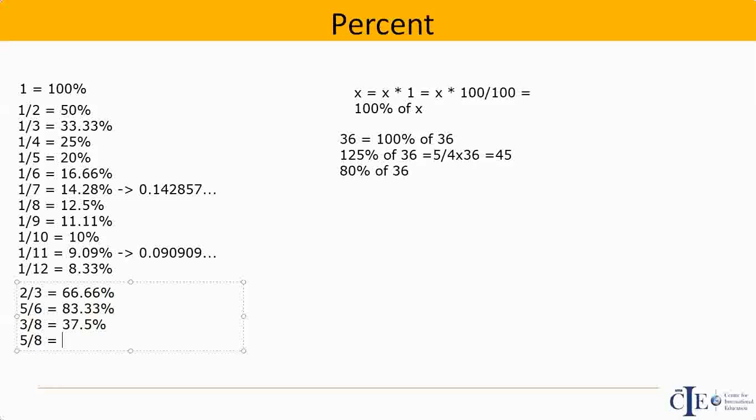So we are splitting 5 by 8 as 4 by 8, which is 50, plus 1 by 8, which is 12.5. So 50 plus 12.5, that is 62.5%. Again, remember these percentages because you're going to see them a lot more commonly in this class.